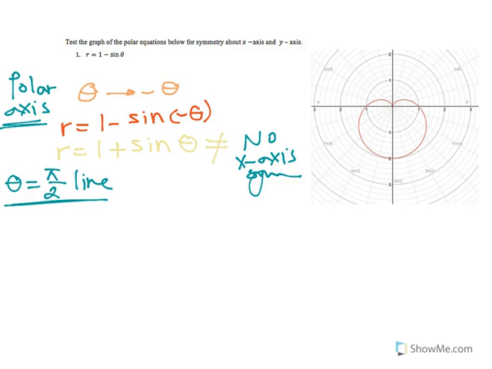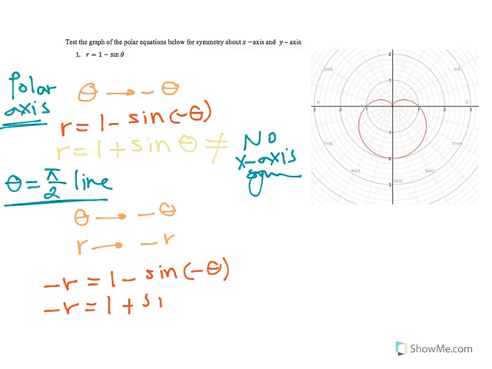Okay, so it's going to go ahead and replace theta by negative theta and r by negative r. And if you do this, it's going to look like this: minus r equals 1 minus sine of minus theta. Again, minus r equals 1 plus sine theta.